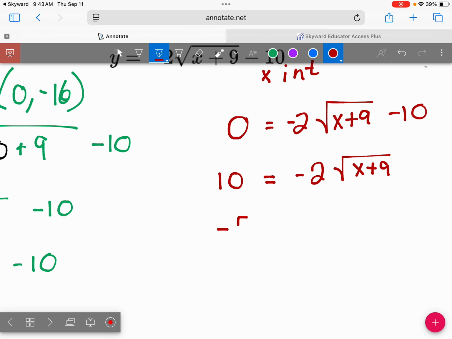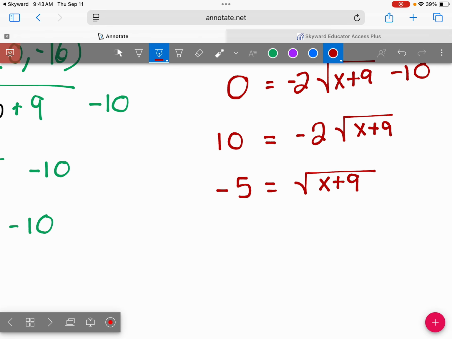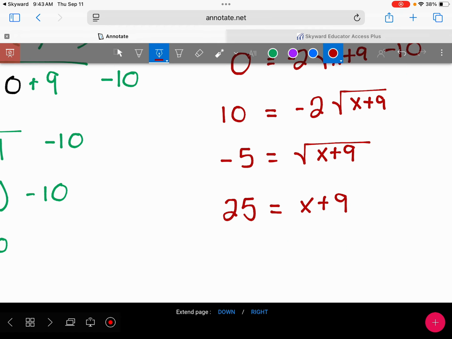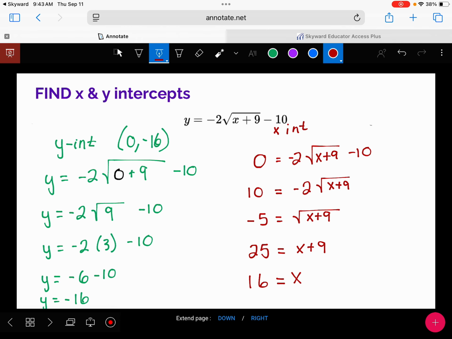So then we have -5 equals square root of (x plus 9). Square both sides. 25 equals x plus 9. Subtract 9. 16. So our x-intercept would be at (16, 0).